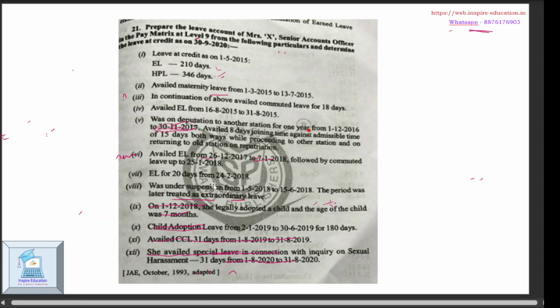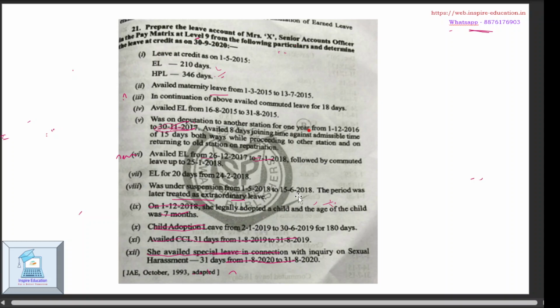EL for 20 days, we have entered this. Then was under suspension from 1/5/2018 to 15/6/2018. This period was treated as EOL. Okay, so this will have the effect on the credit on 1/7/2018. So we will take previous half year's EOL or dies-non.